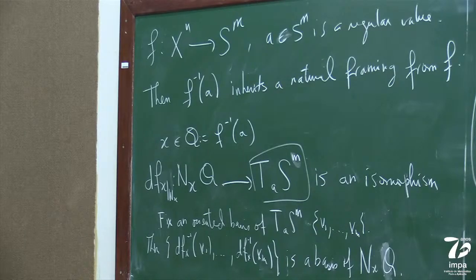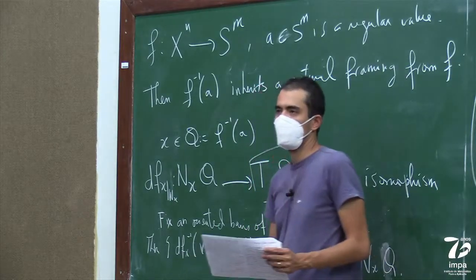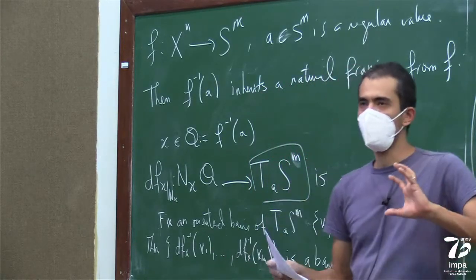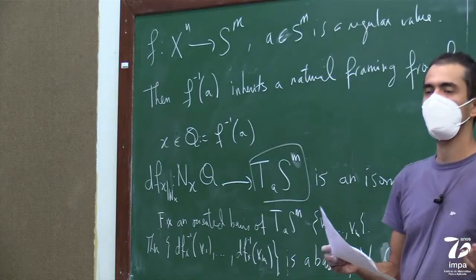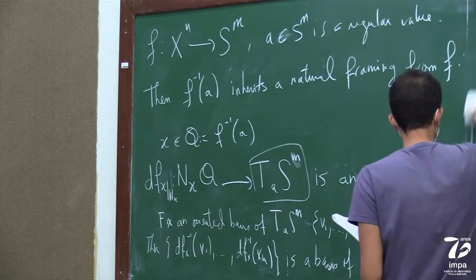So it's a choice of basis up to isotopy. So it doesn't actually matter which oriented basis I choose for SM, because I'm going to have equivalent framings, so isotopic framings. Okay? All right.